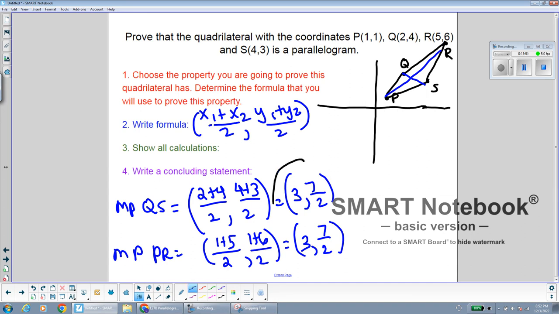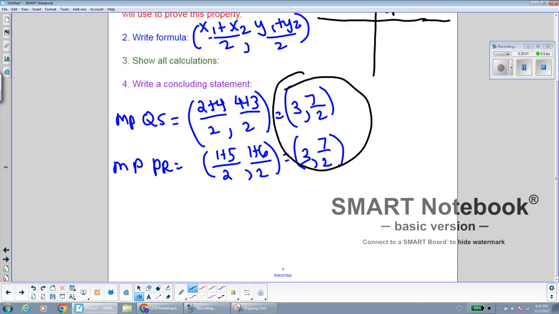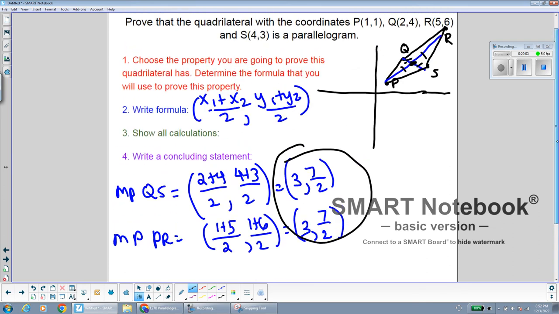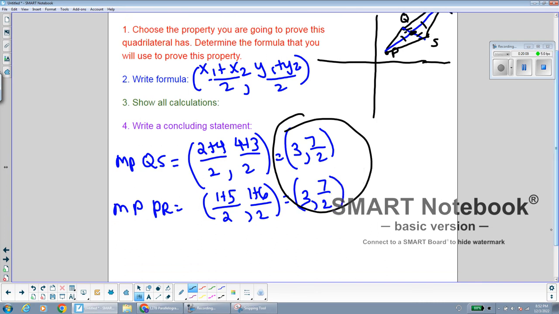So notice here the midpoints of the diagonals are the same. So that means the diagonals bisect each other, making this a parallelogram. So then, as usual with any coordinate geometry proof, I'm going to end with a concluding statement summarizing what my calculation showed and what I proved with my calculations.